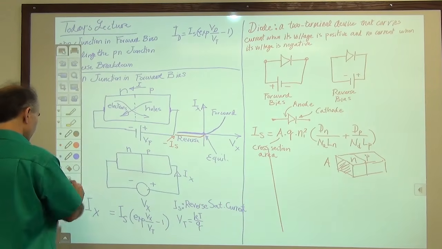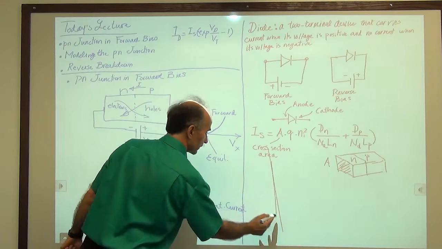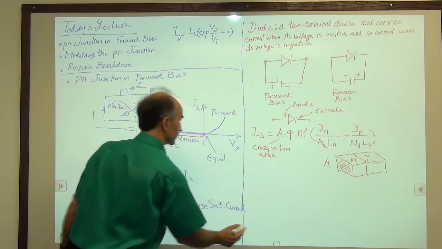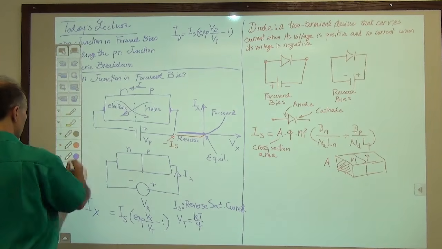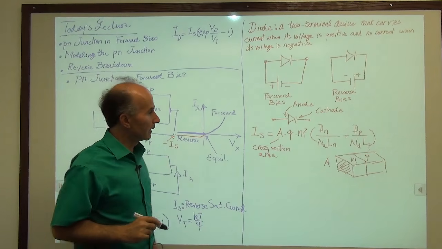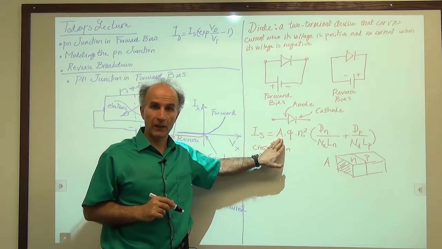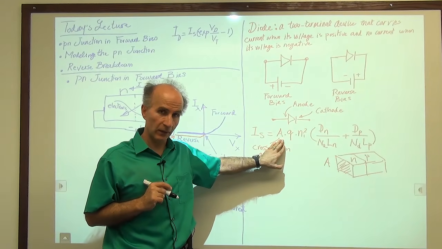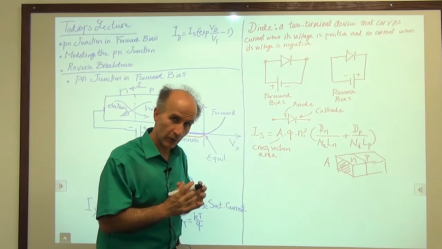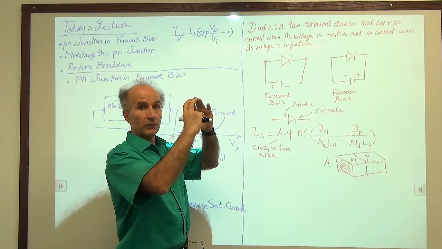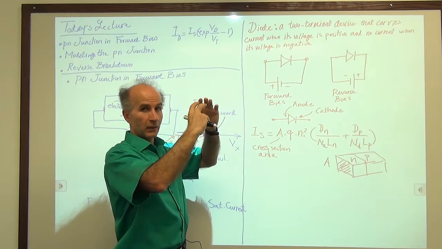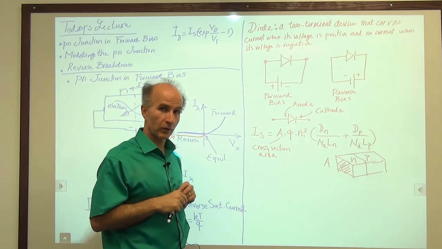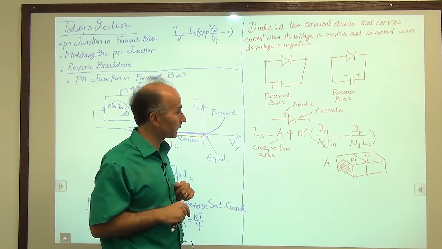We got an extra line here. Let's try to erase that line. Okay. So we're happy with A, the cross-section area. And in fact, that was the most important point I wanted to convey here, that the total current that flows through a diode is proportional to the junction area, or the cross-section area of the PN junction. That's something we always have to remember, just like a resistor.